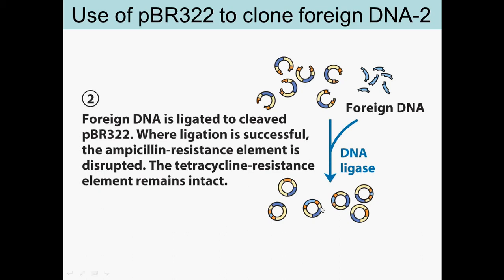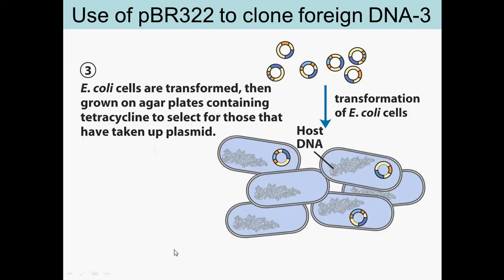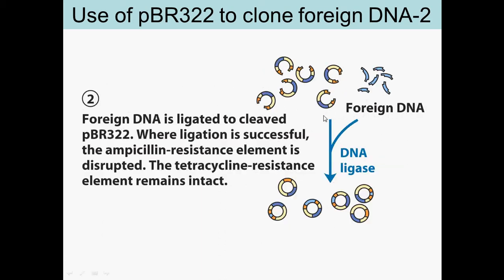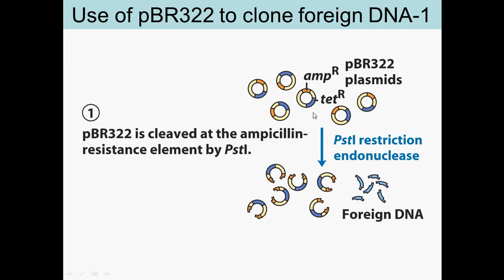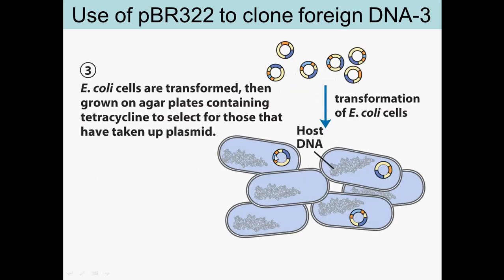And then you have DNA ligase, it puts it together. And then you have these cells put into E. coli again, and then you grow them. See this one, this cell has lost the resistance to ampicillin. The yellow one is ampicillin resistance, the blue one is tetracycline resistance.